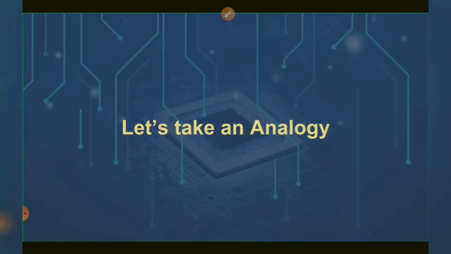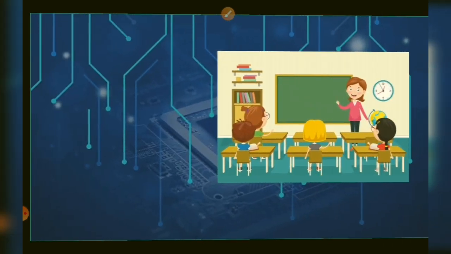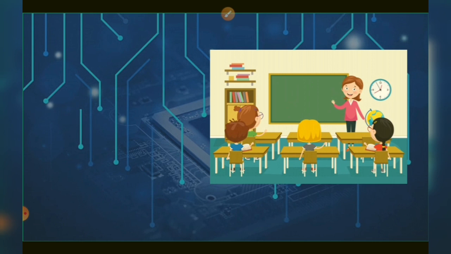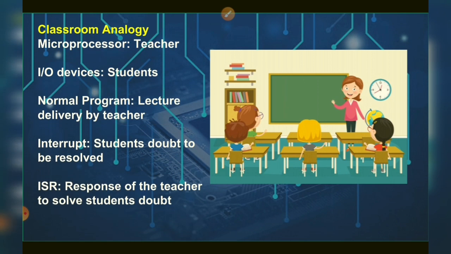We can understand this through an analogy of a classroom where the teacher is the microprocessor, students are I/O devices, the normal program working is the lecture delivery, an interrupt may be any doubt that is to be resolved, and the ISR may be the response of the teacher to solve students' doubts.